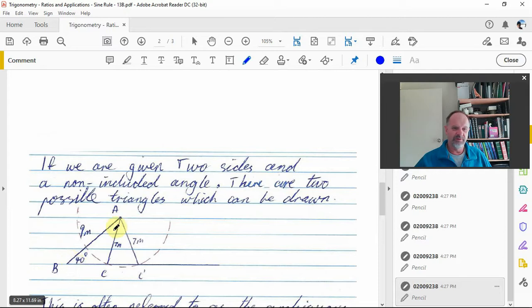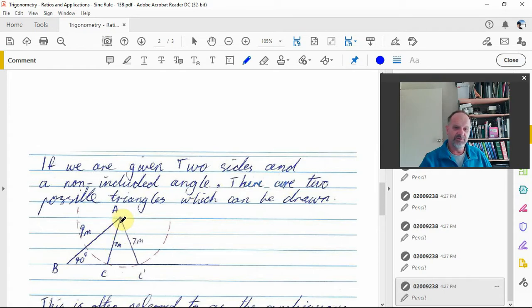So in this particular case, say I've been told that length AB is 9, angle ABC is 40, and AC is 7. But as you can imagine, it doesn't tell me anything about this angle up here.